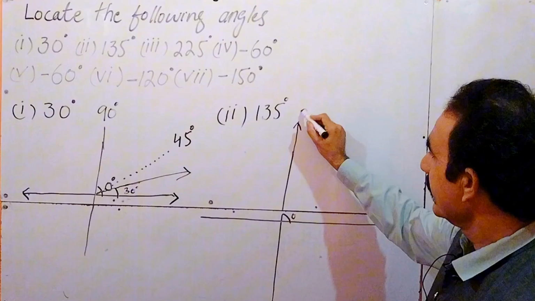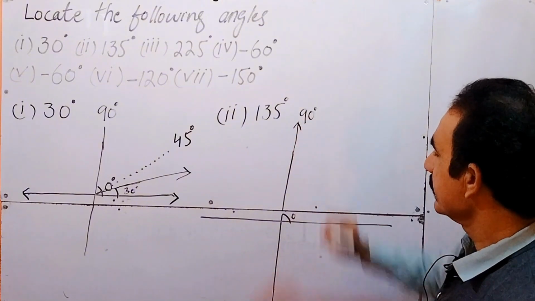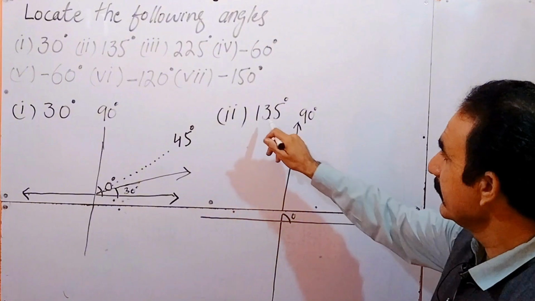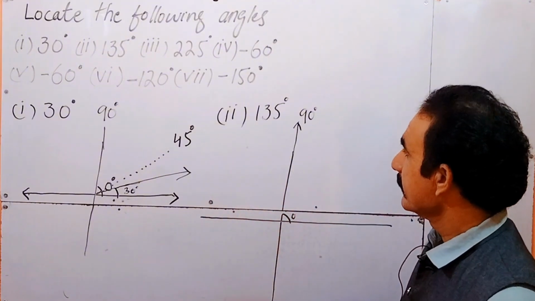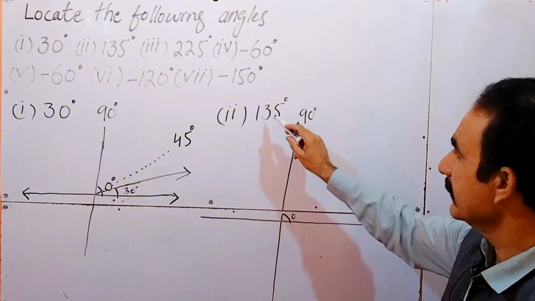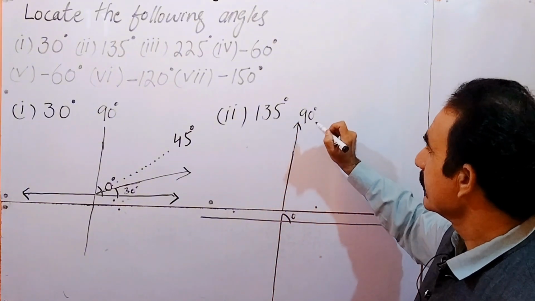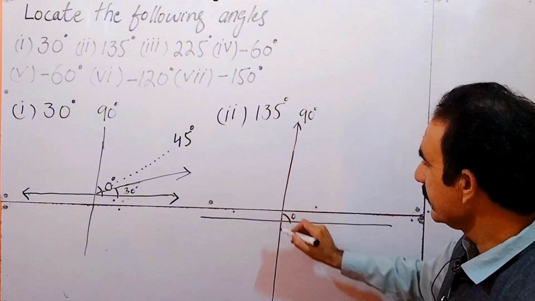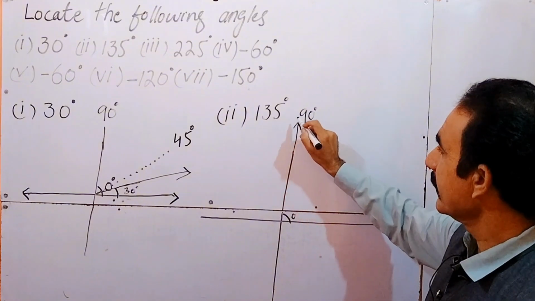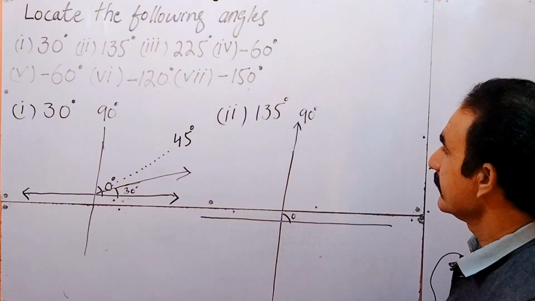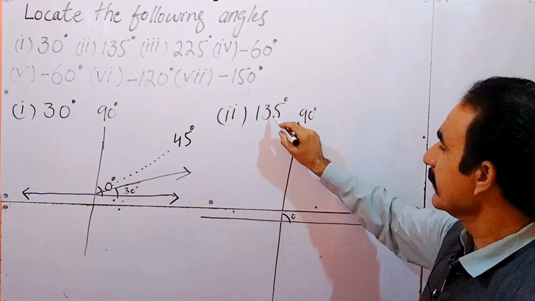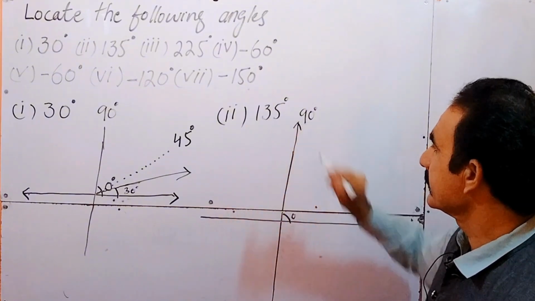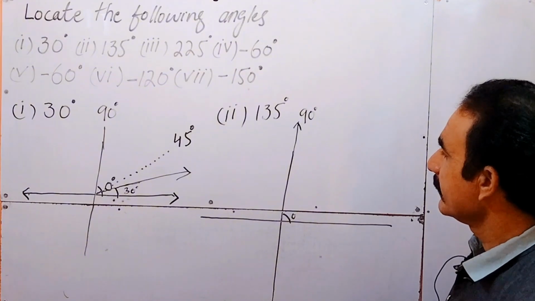That is our angle 90. We need 135. 135 minus that is angle of 90, 135 minus 90, 45.